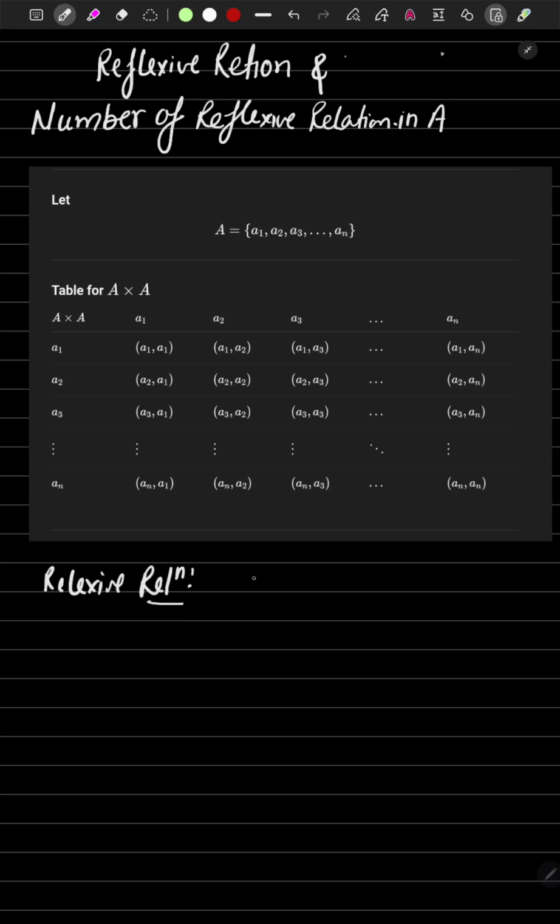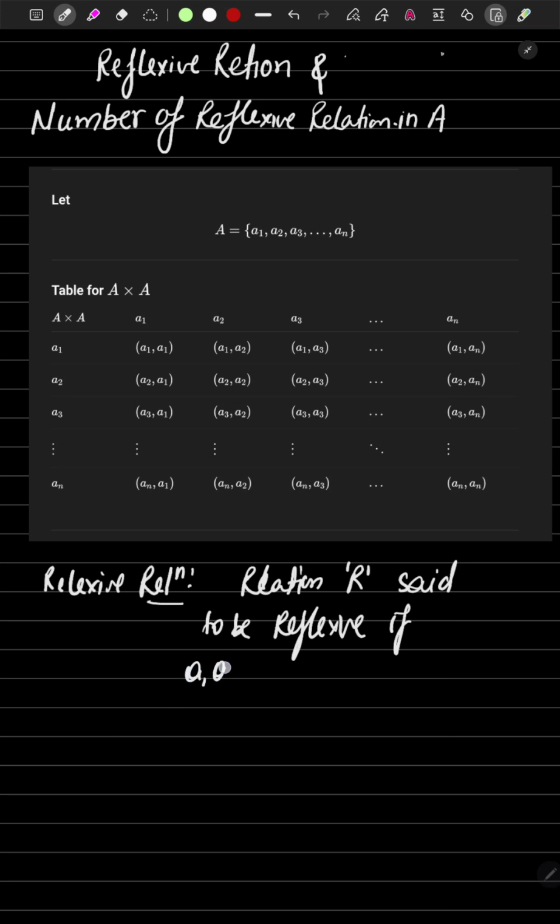A relation R is said to be reflexive if (a, a) belongs to the relation R for all a belonging to set A.